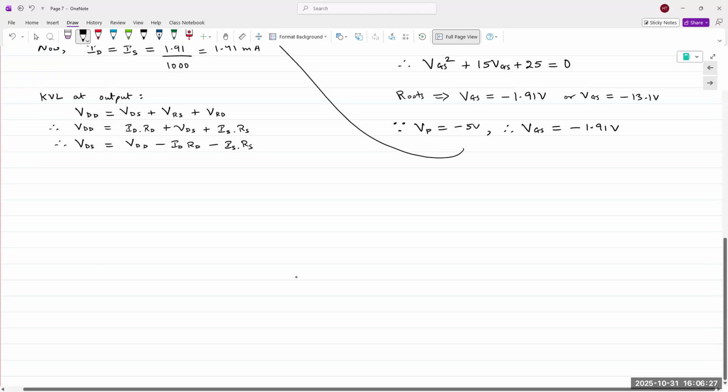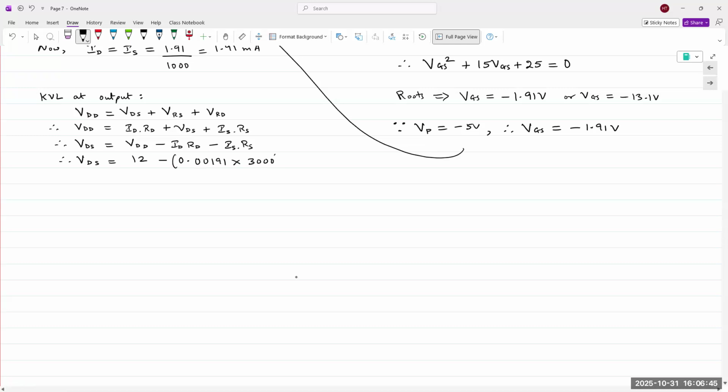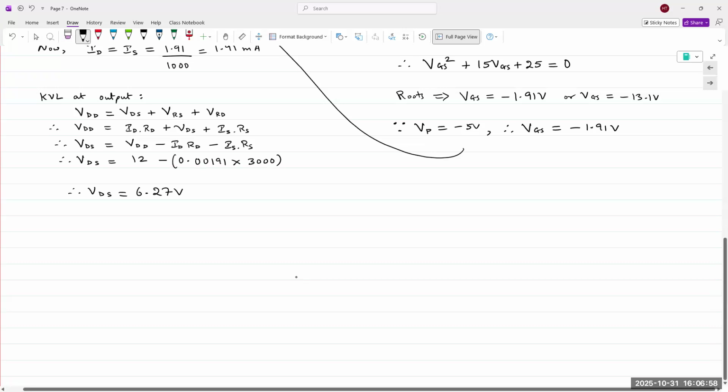But ID and IS are the same, so I can combine them and I can find VDS as 12 minus 0.00191, 1.91 milliamps, times RD plus RS, so the combined value of drain and source resistance. This gives me a value of VDS equal to 6.27 volts.